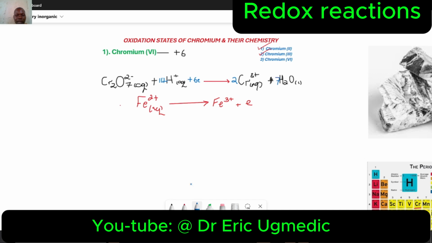So you can balance the total number of electrons. This side there are 6, so I have to have 6 this side too, meaning the whole equation I'll multiply by 6 to balance electrons. After that, you can add the 2 equations and you have your electrons cancelling out, and you have the overall equation, which will have the dichromate plus 6 iron 2 ions plus 14 hydrogen ions, and that will form 2 chromium 3 ions, 6 iron 3 ions, and 7 water molecules.